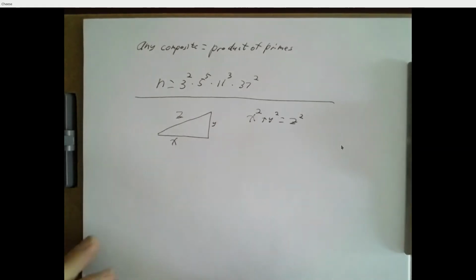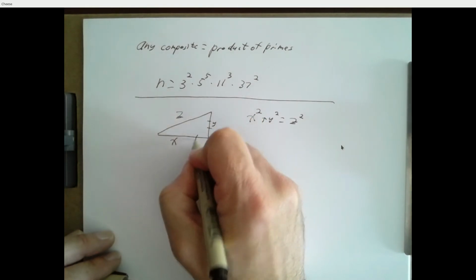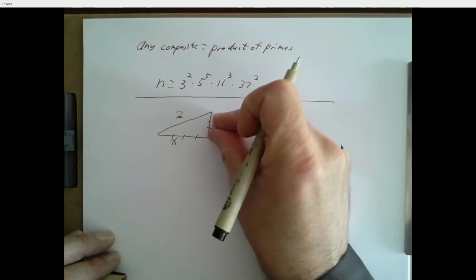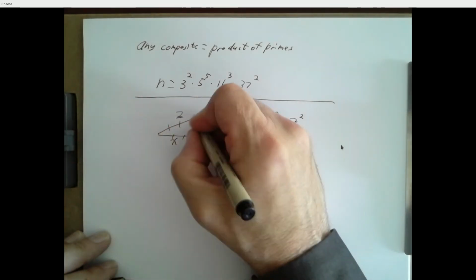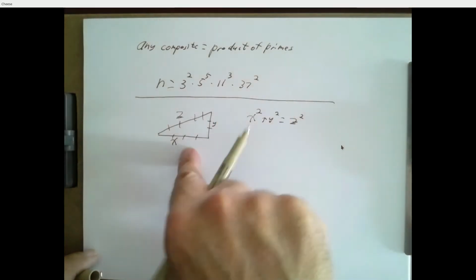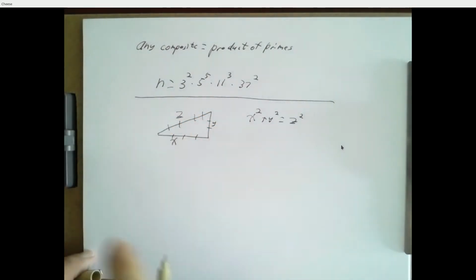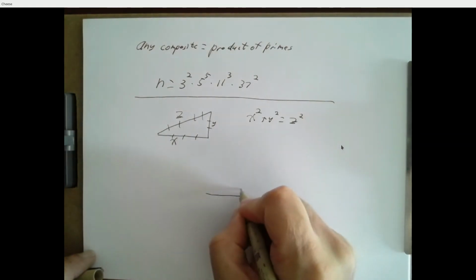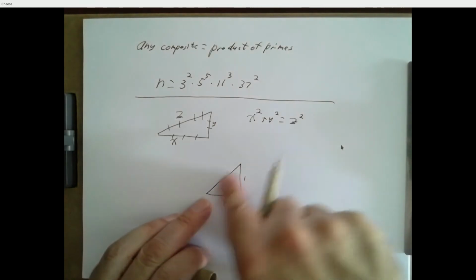If you make a triangle like this, with a length of exactly 3 here and exactly 4 here, it turns out the length of this side is exactly 5. Whole number, whole number, whole number. That's kind of cool. Now, if you make a triangle whose sides are 1 and 1, the hypotenuse is not an integer anymore.